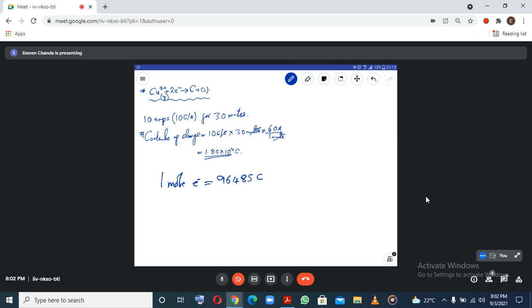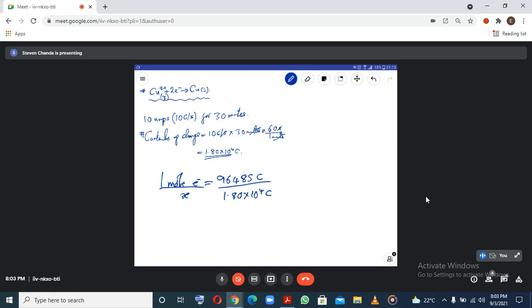So if we have this amount of coulombs, how many moles of electrons do we have? I hope we've gotten that analysis, right?